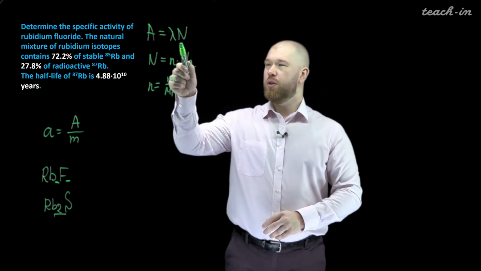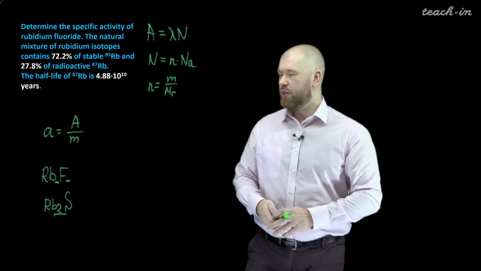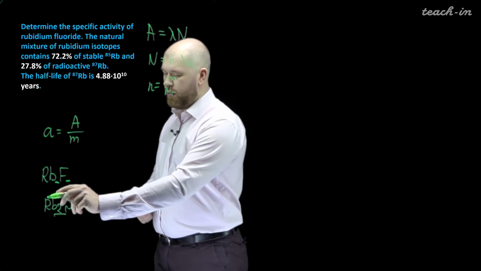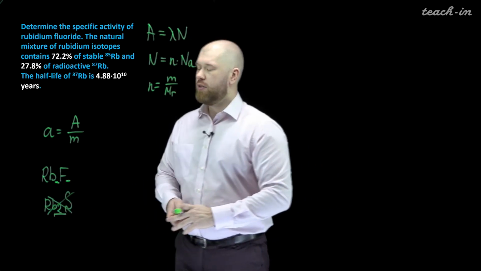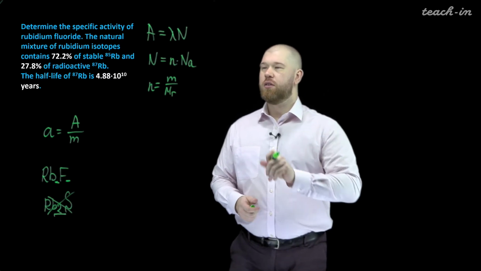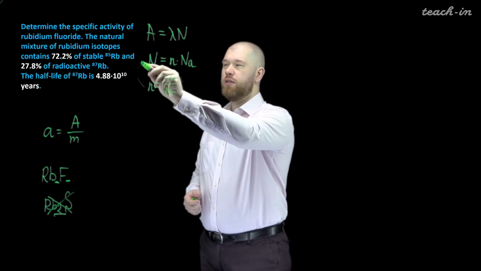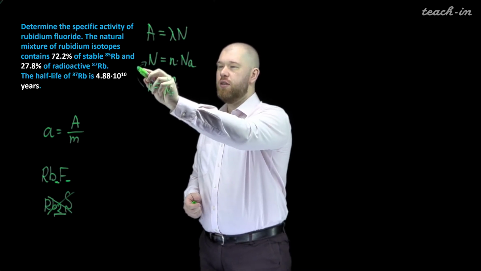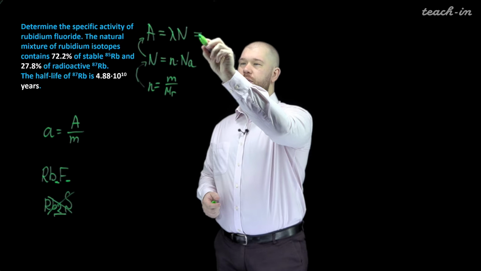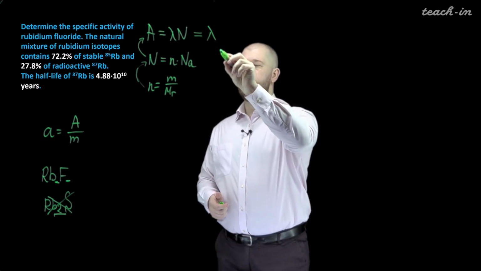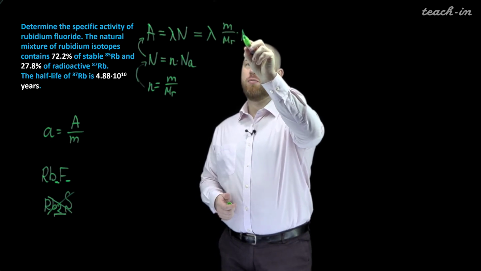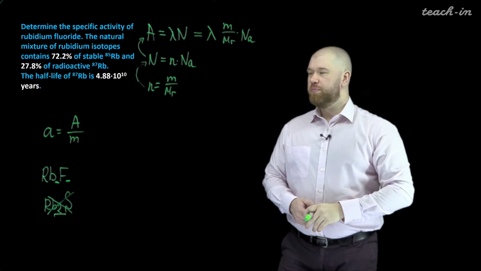Because we use here the number of atoms of radioactive material, of rubidium in our case. But we have rubidium fluoride, so the stoichiometry coefficient is equal to 1, thus we don't need to use any coefficient. So we put this equation in this equation and then put it here, and thus we will obtain that activity is equal to lambda times mass divided by molar mass and multiplied by Avogadro number.